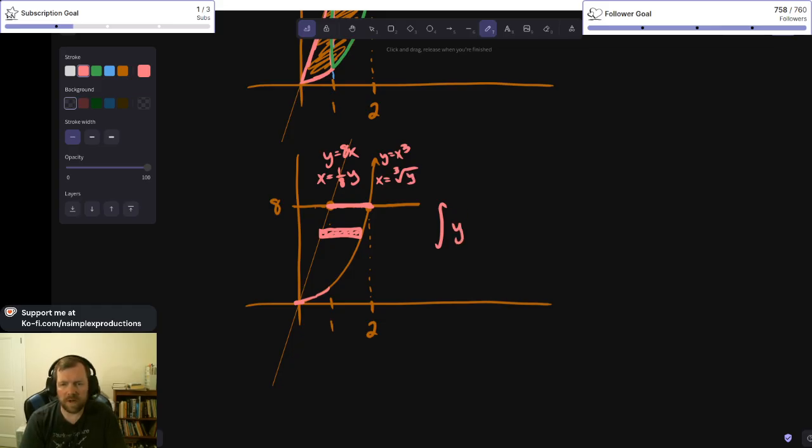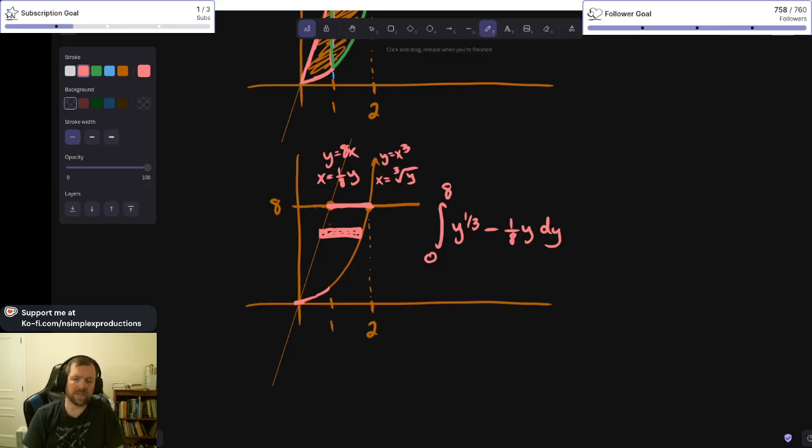So here, y to the 1/3 power minus 1/8 y dy is going to get us that integral in the y direction, using y as our independent variable. This goes from y values 0 to 8. Right? Lower value 0, upper value 8. That's it. No other fancy stuff going on there.